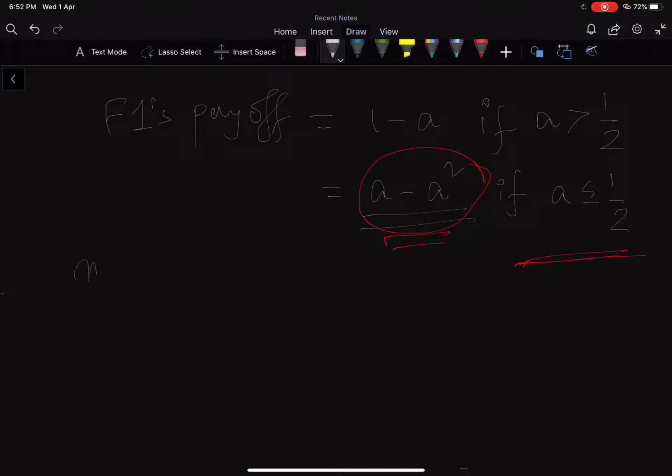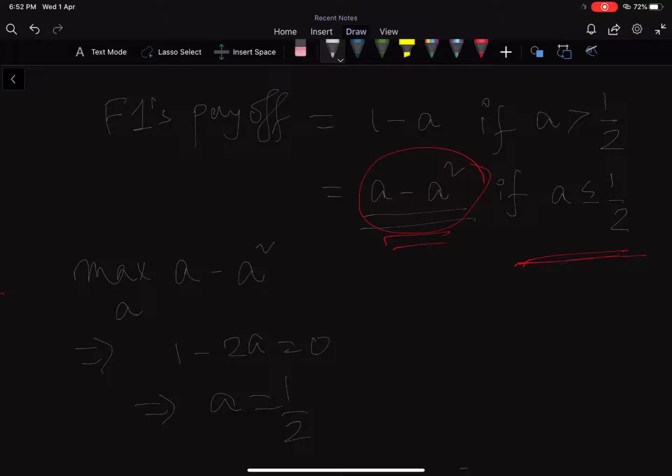If I maximize A minus A squared with respect to A, I get the first order condition that 1 minus 2A must equal 0, which tells me that A equals half. So this expression is indeed maximized at A equal to half, and the constraint is satisfied.